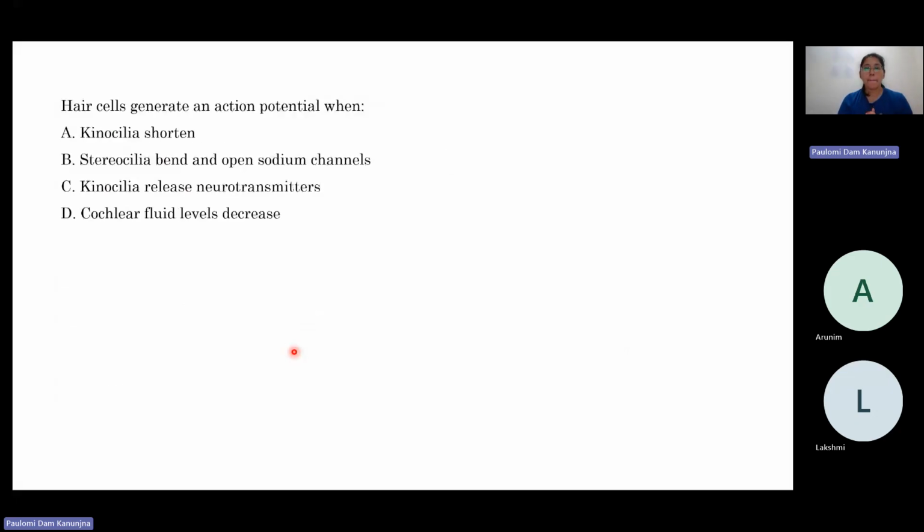Now, hair cells also generate action potential. They have to, because they have to pass on the information to nerves. So what do they do? How does it actually get generated?